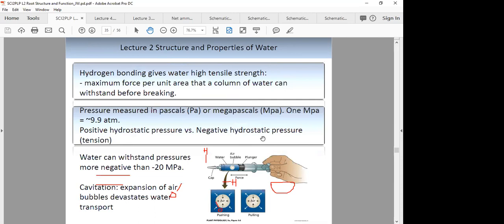I'd like to make sure that you're understanding what these pressures are referring to, what they mean, and where they're actually found within the plant. So let's start with this one, positive hydrostatic pressure. And using this syringe as an example, I want you to explain to me how you would demonstrate positive pressure using that syringe. What would you do to demonstrate positive pressure?